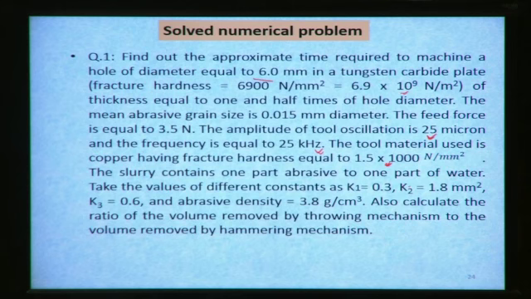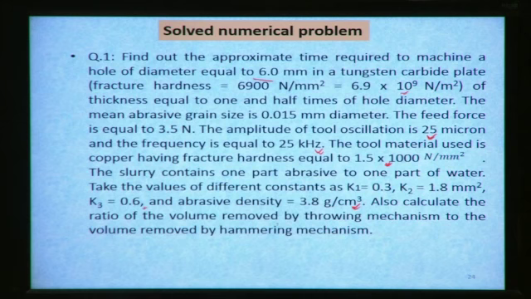The slurry contains 1 part of abrasive to 1 part of water, so the value of C is equal to 1. Take the values of the constants K1, K2 and K3: K1 equal to 0.3, K2 equal to 1.8 and K3 equal to 0.6. And the abrasive grain density is 3.8 gram per centimeter cube.